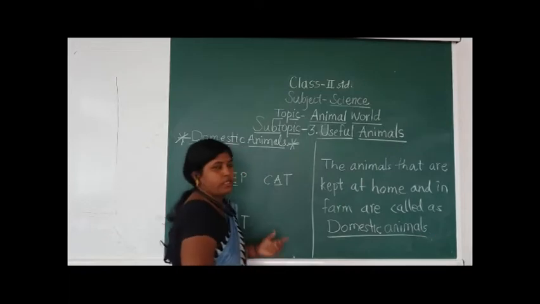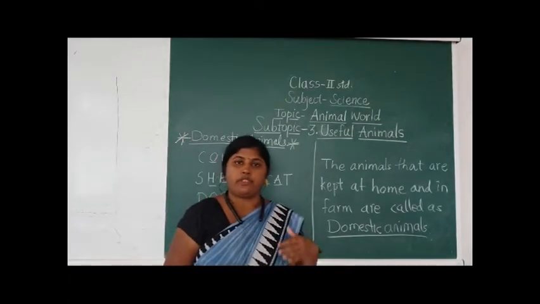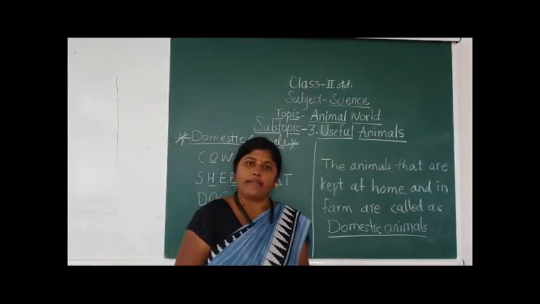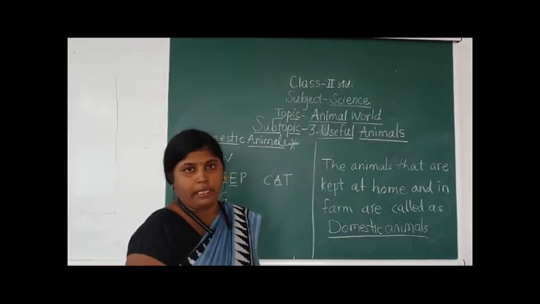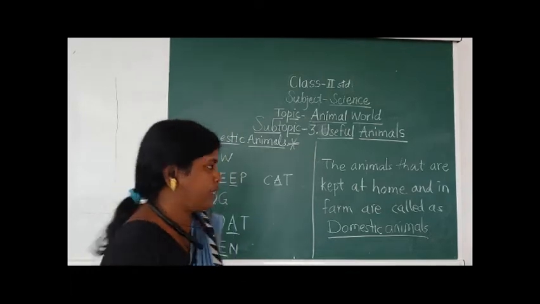So this is our first point, that the animals which we keep at home and in farm are called domestic animals. Now our next point is how animals help us, that we are going to see.